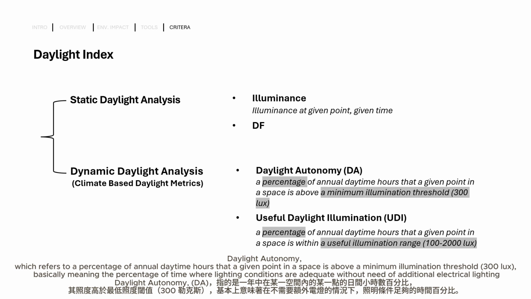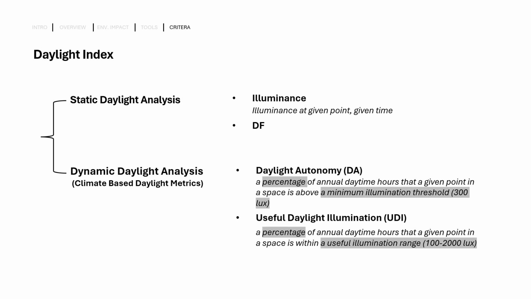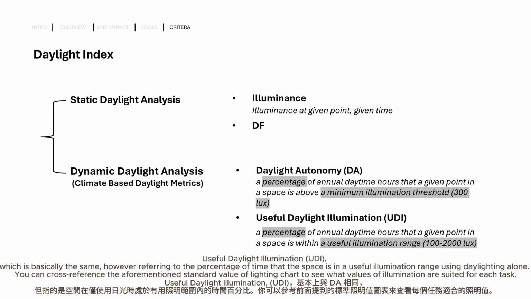This basically means the percentage of time where lighting conditions are adequate without the need of additional electrical and artificial lighting. The next index is the useful daylight illumination, UDI, which is basically the same. However, it refers to the percentage of time that the space is in a useful illumination range using daylighting alone.